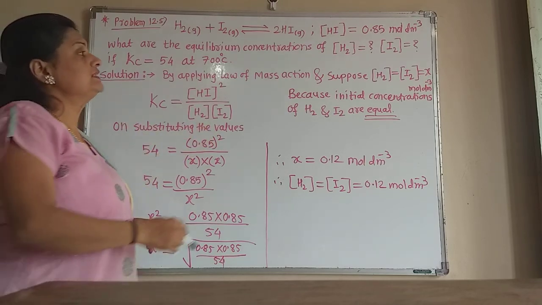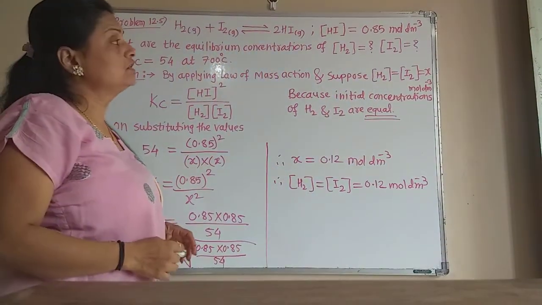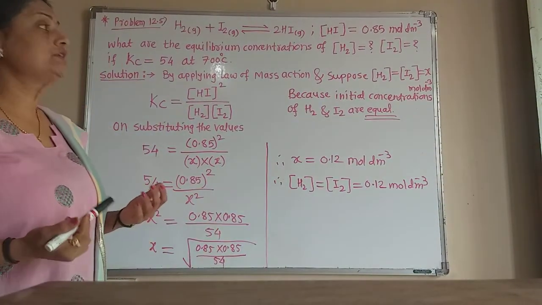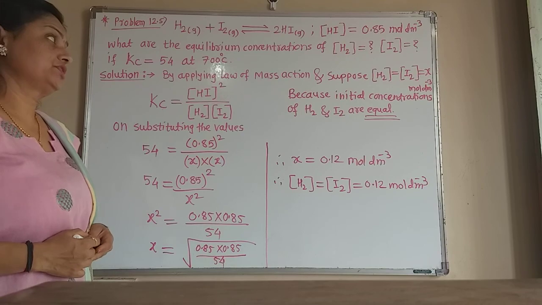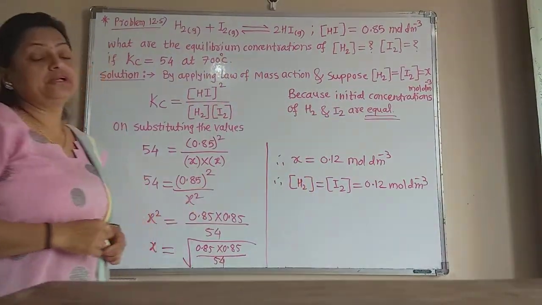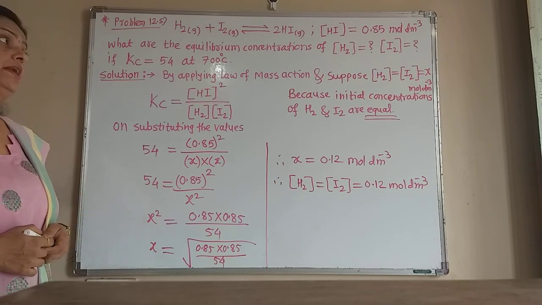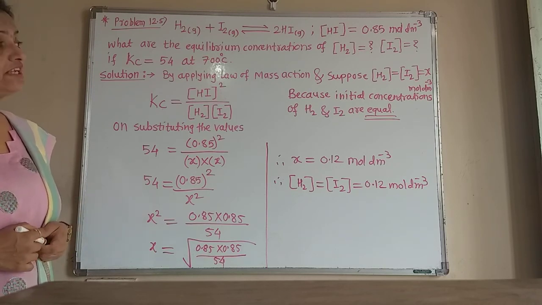Now suppose the concentration of hydrogen and iodine at equilibrium is x moles per decimeter cube, because both hydrogen and iodine are in equal concentration, as their initial concentrations are equal.